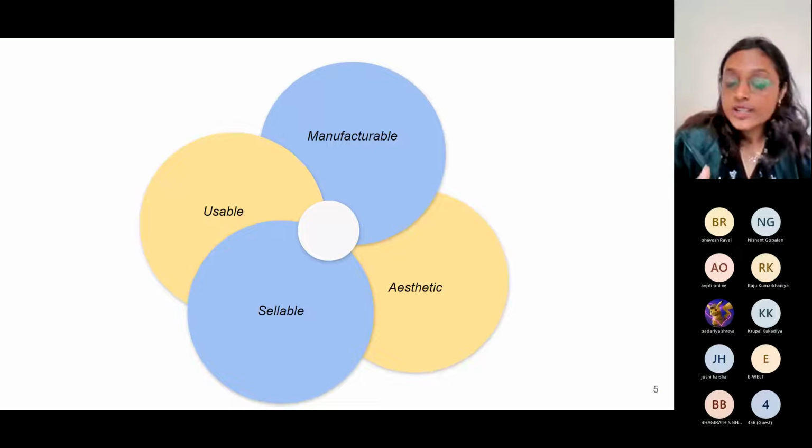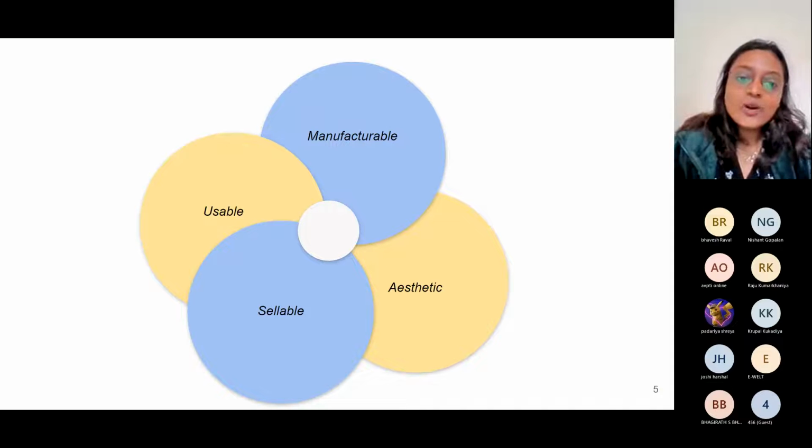Sellability refers to the business aspect of it, which brings in the marketing team, right? And the aesthetic brings in the art side of it or the beauty side of it. So designers have to keep in mind a lot of these things and work through each one of them.